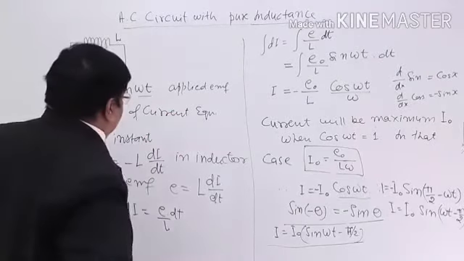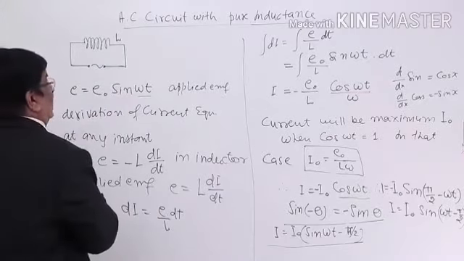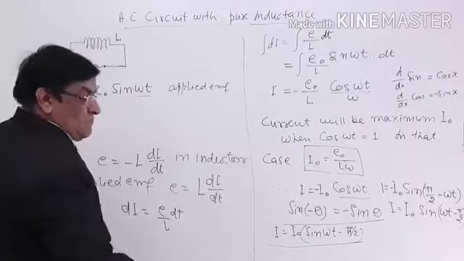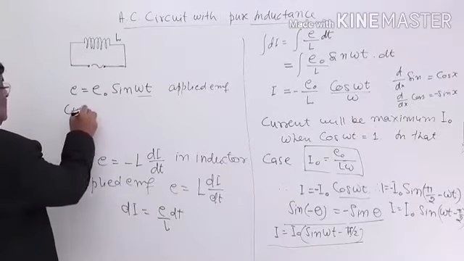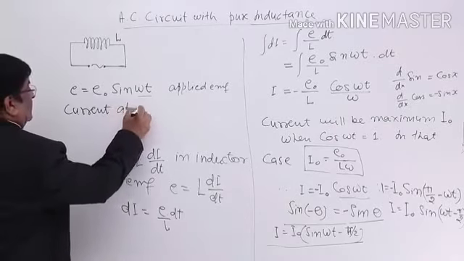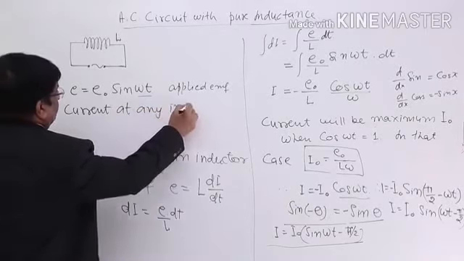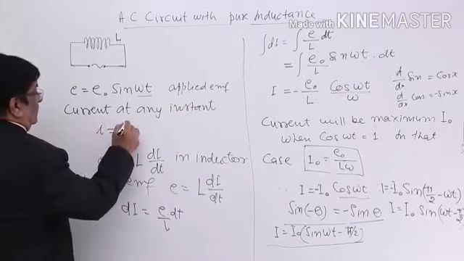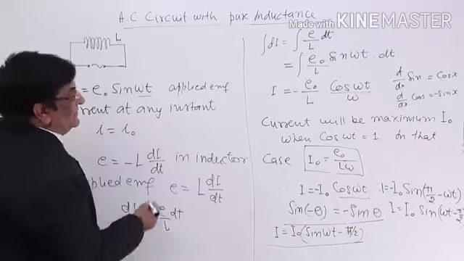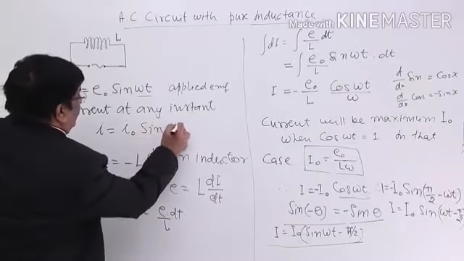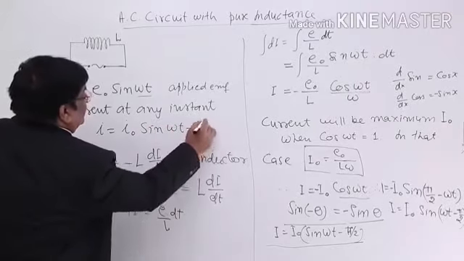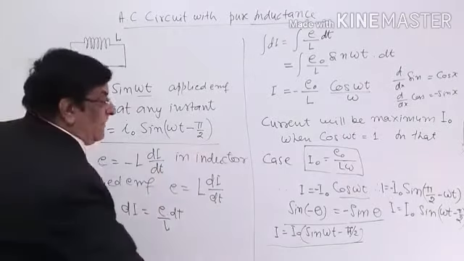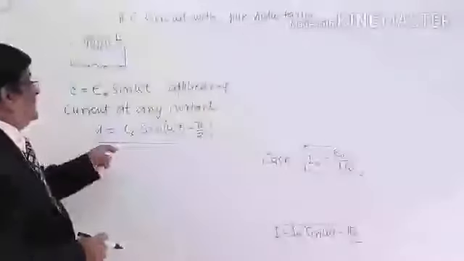So we can write here the equation of the current at any instant: I is equal to I naught sine omega t minus pi by 2. This is the equation of the current. Okay, so now we proceed further.